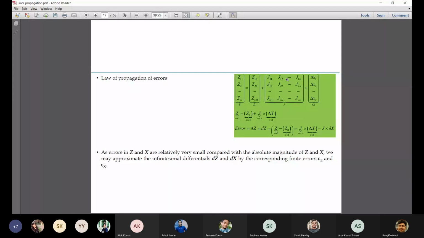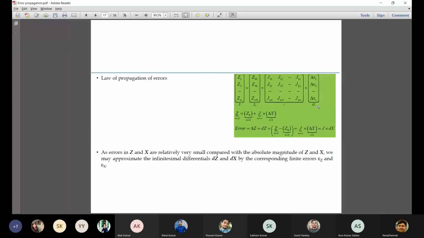Now, if one wants to go back to the previous structure, they can multiply it out: J11 delta x1, J12 delta x2, J13 delta x3, up to J1n delta xn. Then J21 delta x1, J22 delta x2, up to J2n delta xn. That's how you do it. You can reach that same form again.